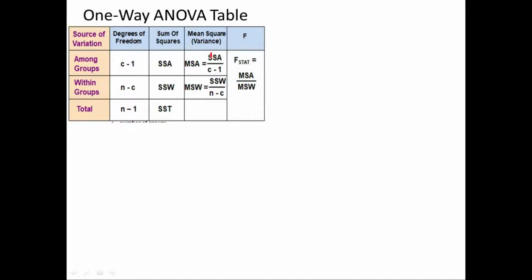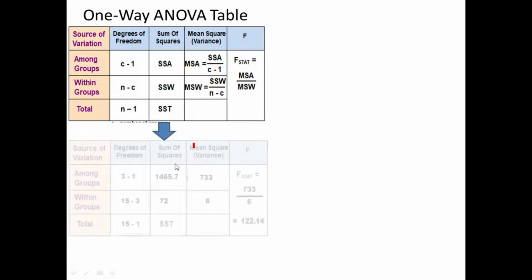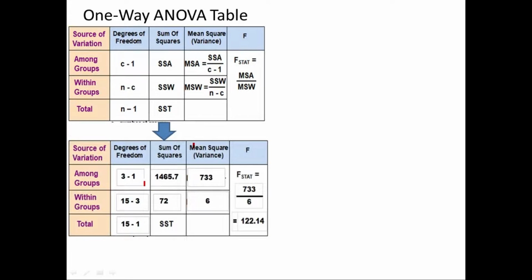We have calculated before SSA, SSW, MSA, and MSW. So we just see this table. This is the value that we get from the previous calculation. So the F statistic is basically 12.1. How we get it: 73 divided by 6, based on the above formula.